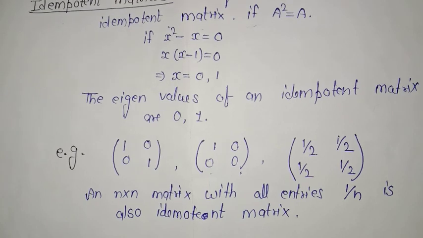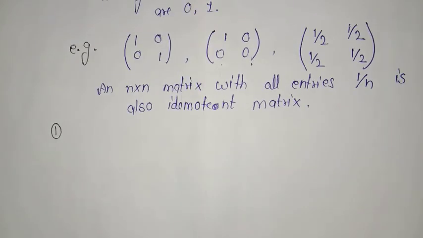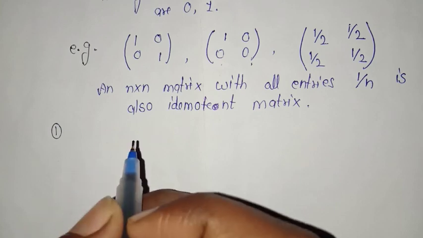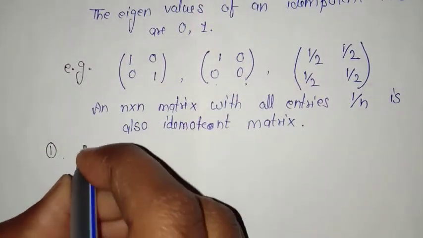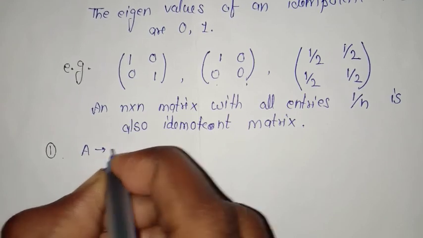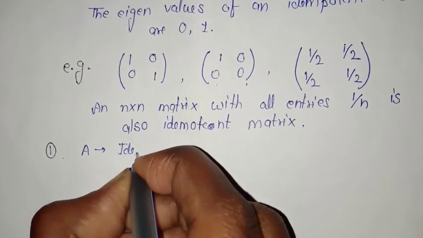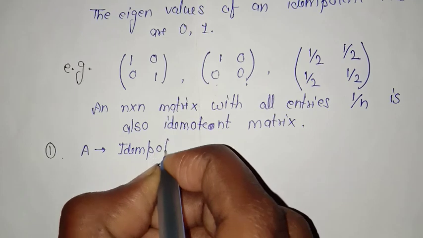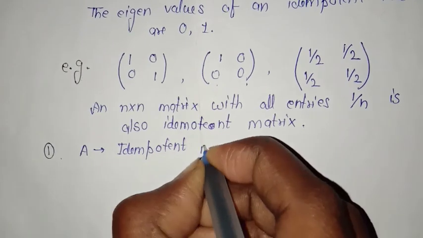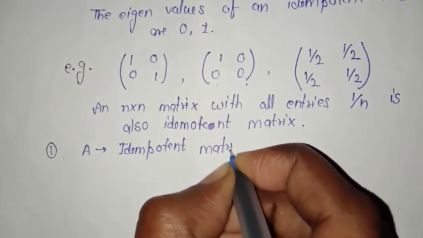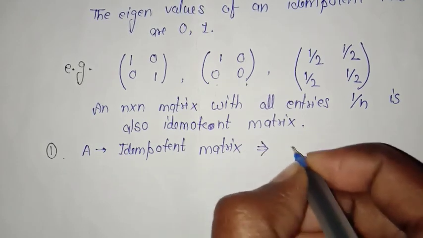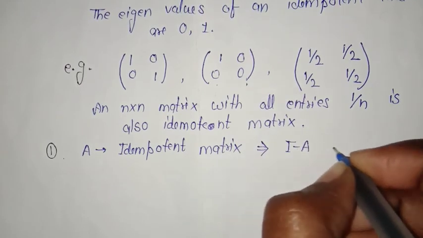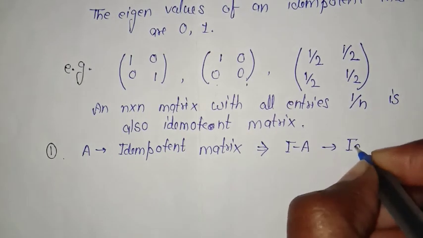Now we will discuss some of its properties. So the properties of an idempotent matrix are as follows. The first property says that if A is an idempotent matrix, then I minus A will also be an idempotent matrix.